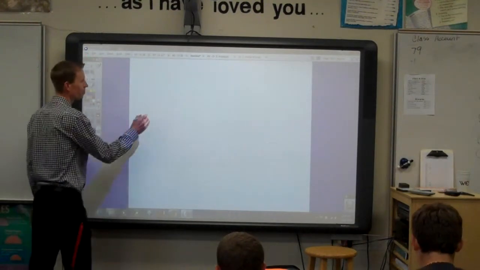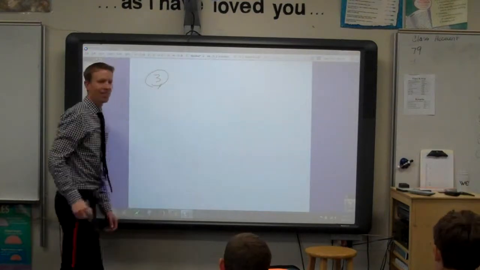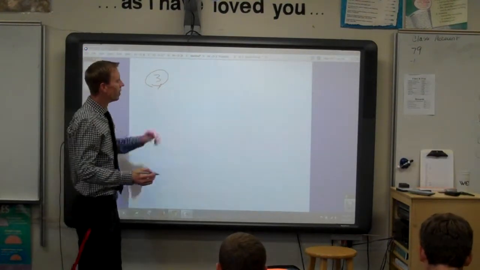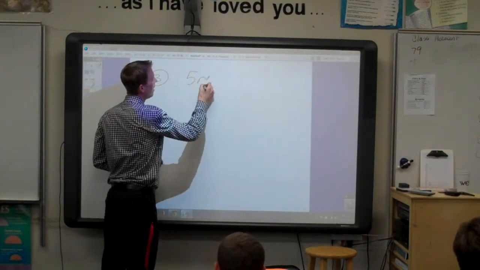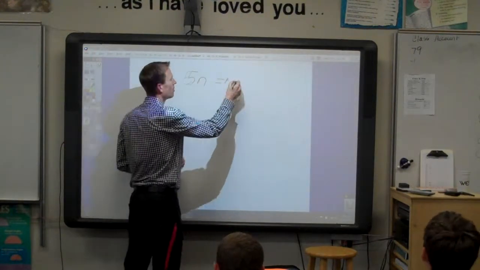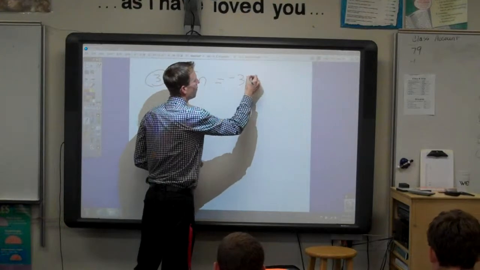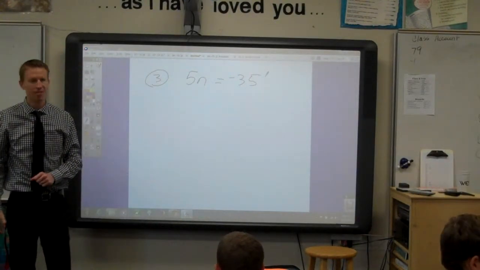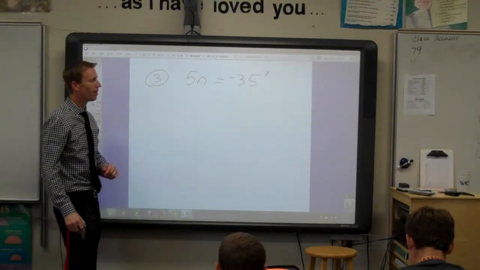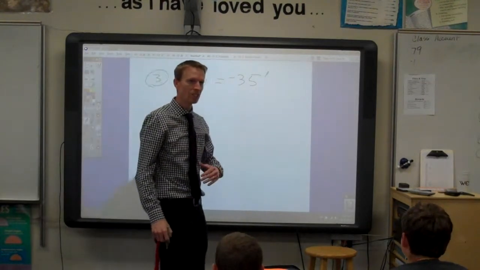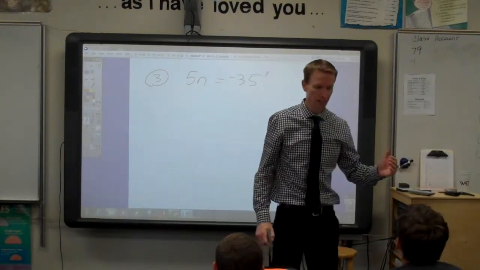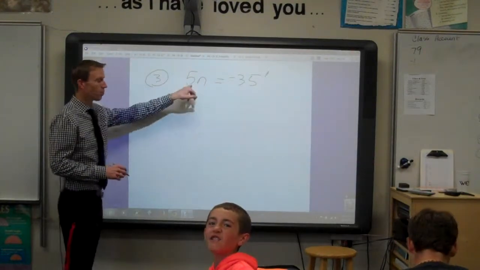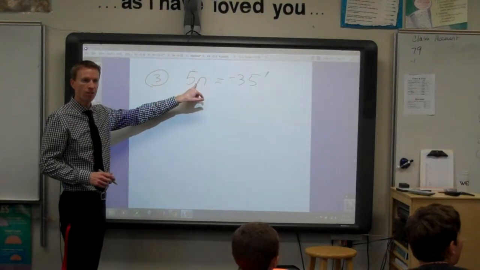Next type. The next type is multiplication. 5n equals negative 35. Again, we have to get the variable by itself. This is the first part of lesson 2.6, so if you want to review that, we have to cross out the 5s.